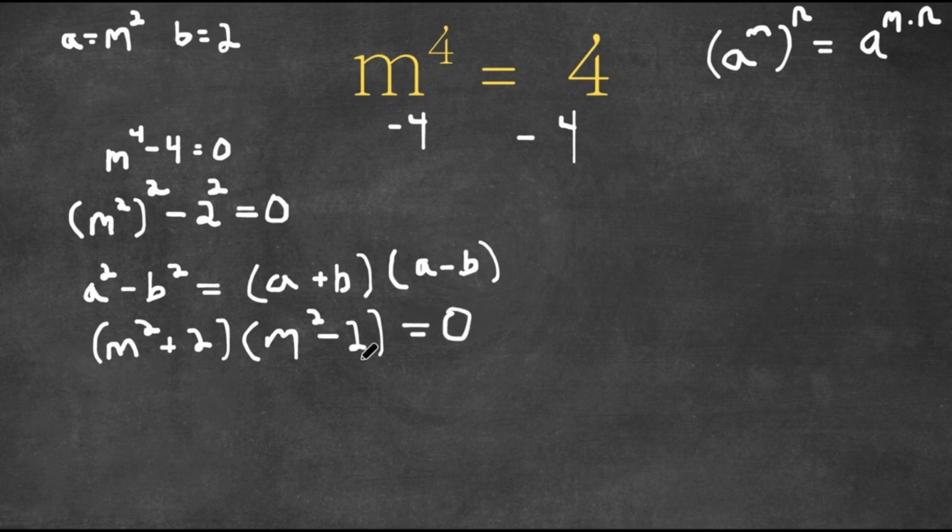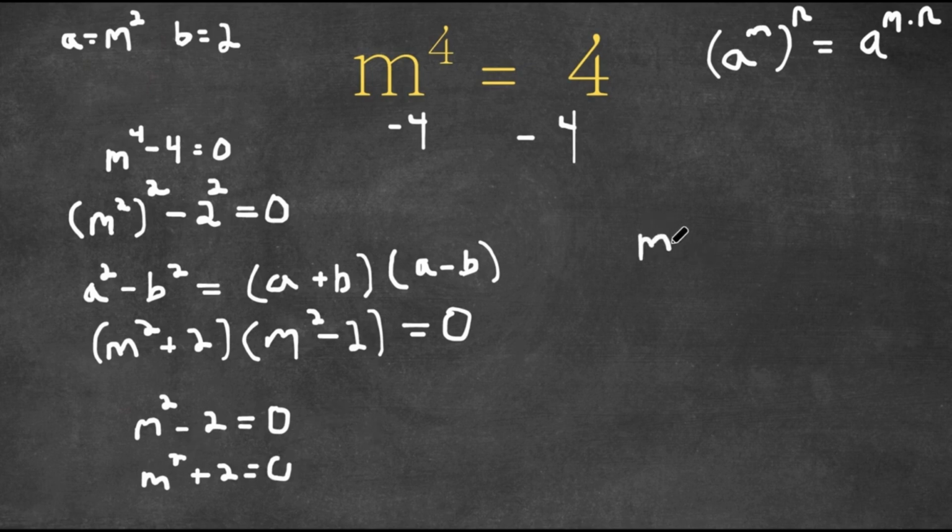And now we have two equations. We have m squared minus 2 equals 0, and we have m squared plus 2 equals 0. So let's first start with m squared minus 2 equals 0.